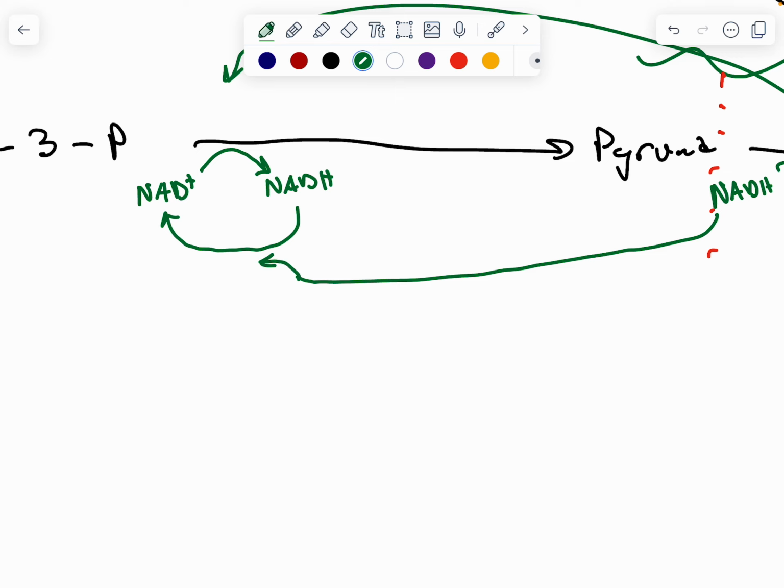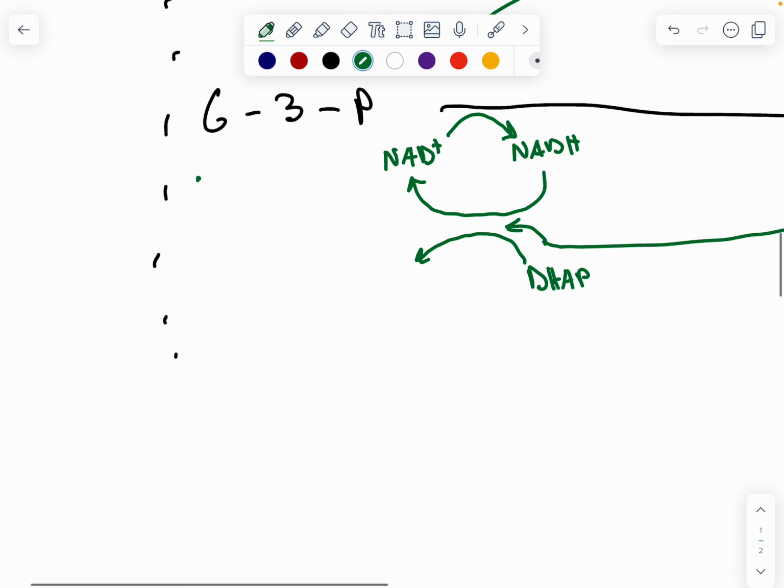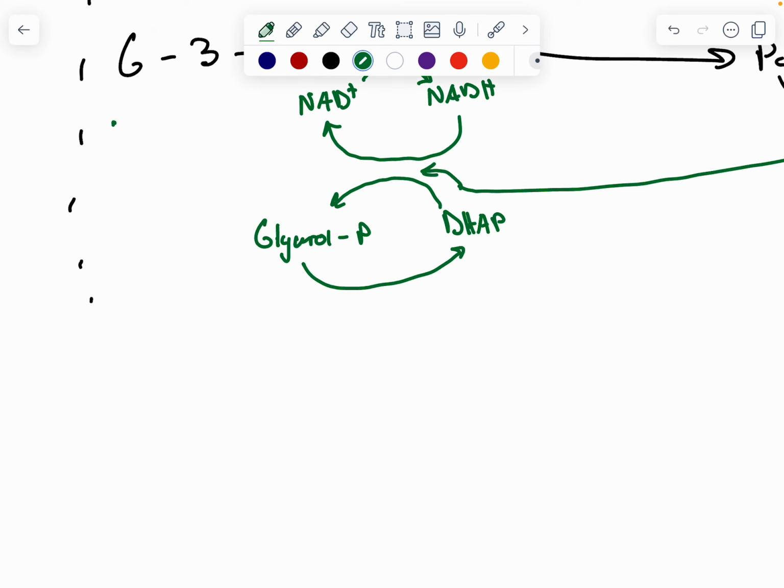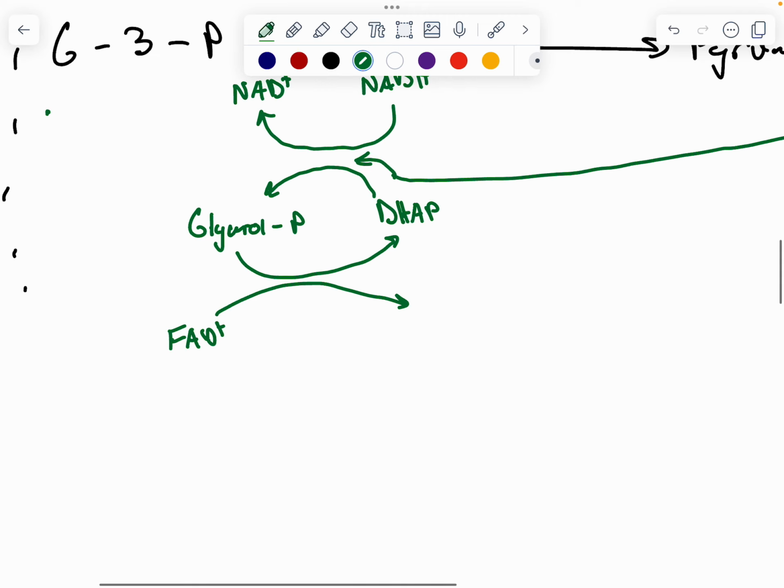This is going to come up in here. We're going to have DHAP come here, react with that, turn into Glycerol P. Glycerol P is going to react with FAD+, going to pick up the hydrogen from there, turn into FADH2.